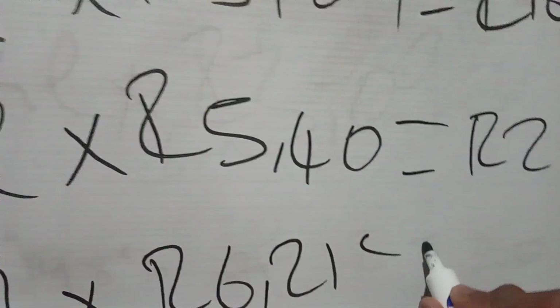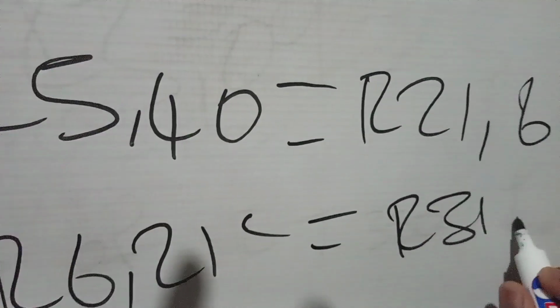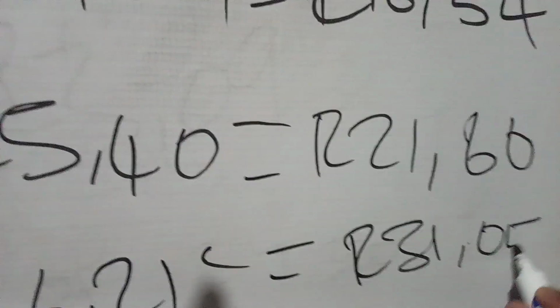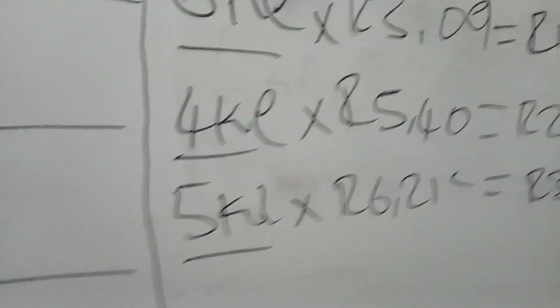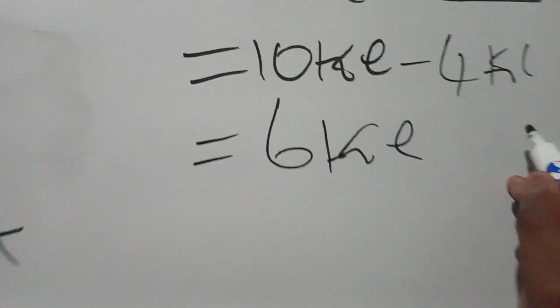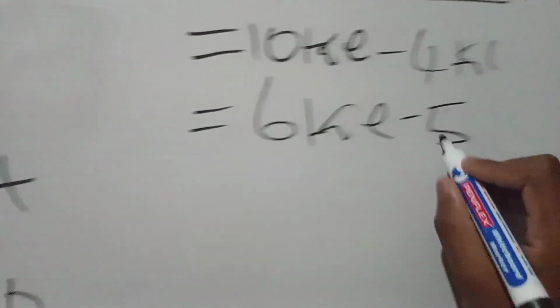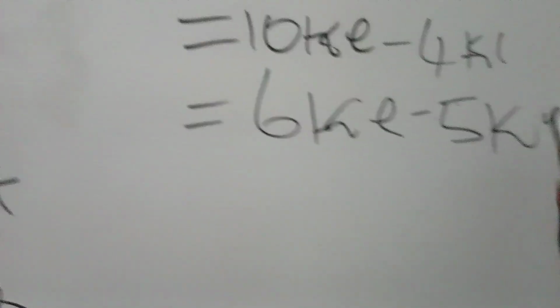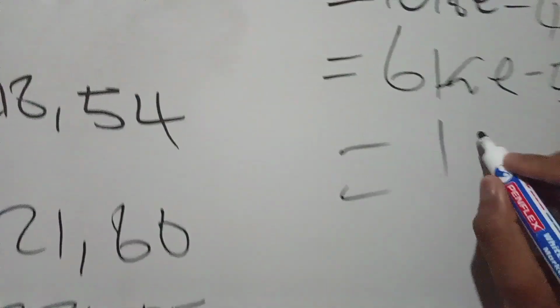That answer is 31 rand and 5 cents for block 3. So you're going to deduct this 5 from the 6 kiloliters we were working on, 6 minus 5 kiloliters. Then we're left with 1 kiloliter.